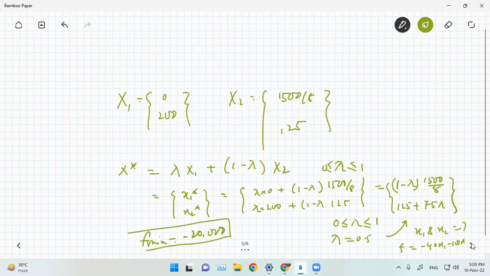So this is a special case with an infinite number of solutions. At least you need 2 points, and from these 2 points, using the formula lambda X1 plus 1 minus lambda X2, you can easily find the infinite number of solutions in between. So this was the third special case of the simplex method.